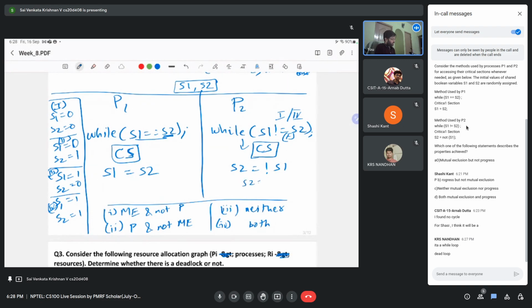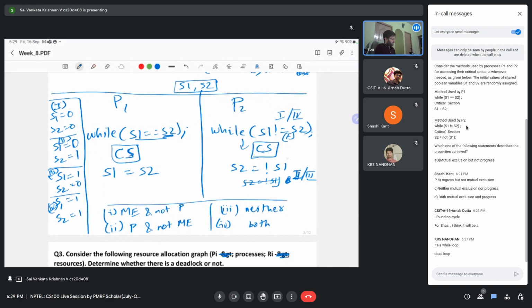So S2 is not S1. Right, so at the end of this, whatever S1 was having, it will be the opposite in S2. So it will become either case 2 or case 3 at the end. Right, at the end of the critical section, once it exits, S2 becomes the opposite of S1.